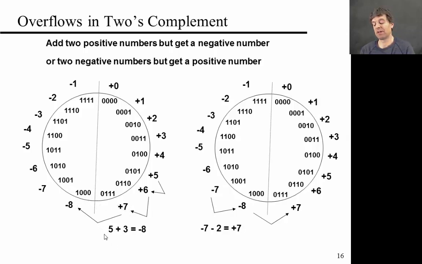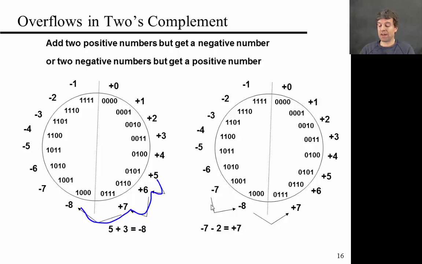So if I have an addition such as 5 plus 3, I cannot get the right result, because I'm going from 5, add 1, add another 1, add another bit, and I'm ending up at minus 8. So the output that I'll get will look like minus 8, and it's the wrong result because I just can't represent plus 8 in this particular format.